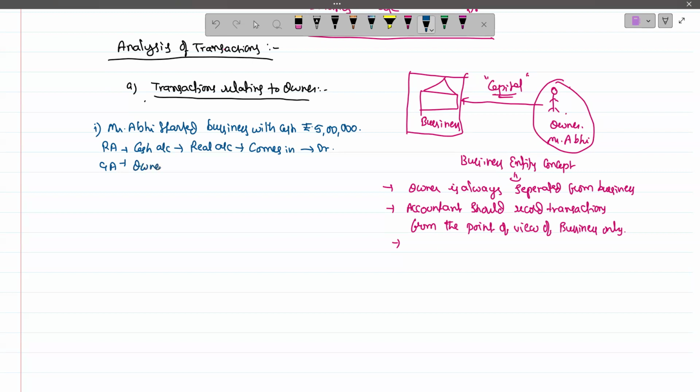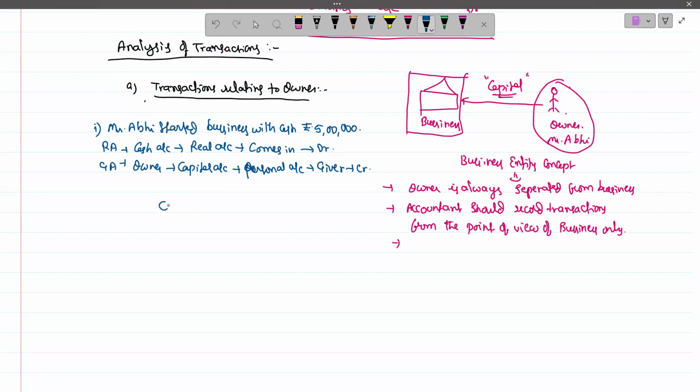Nothing but the owner. So the amount brought by the owner into the business is represented with the word capital account. Capital is a personal account. As per the personal account rule, debit the receiver, credit the giver. Here the owner is the giver, so that account is credited.